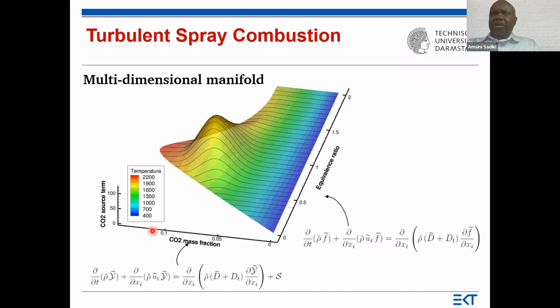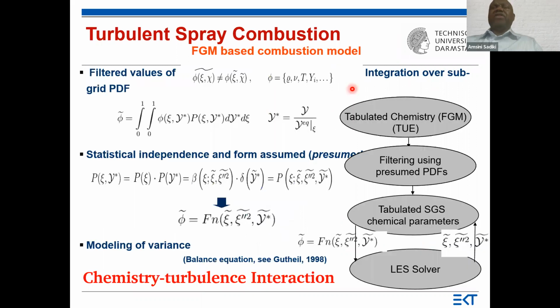We have the mixture fraction and the progress variable, and we can store all chemical quantities we want to get here, for example the temperature, density, source terms, viscosity, everything.